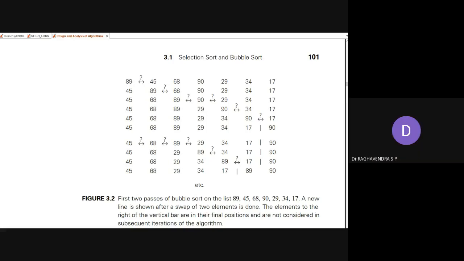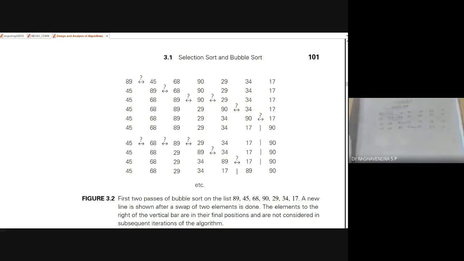Now you shift the comparison to 90 and 29. Since 90 is higher and 29 is smaller, you swap them. So 45, 68, 89, 29, and 90 jumps here, then 34 and 70.